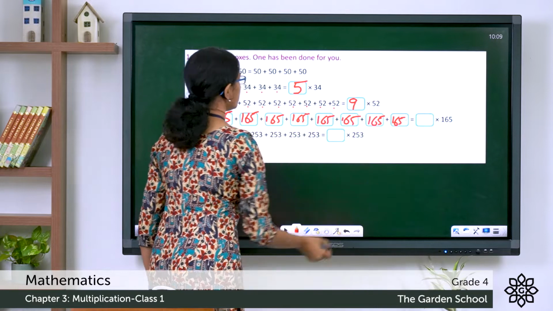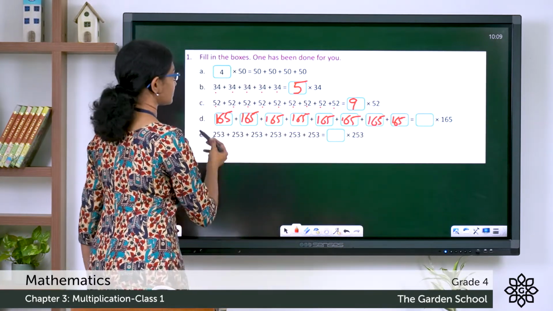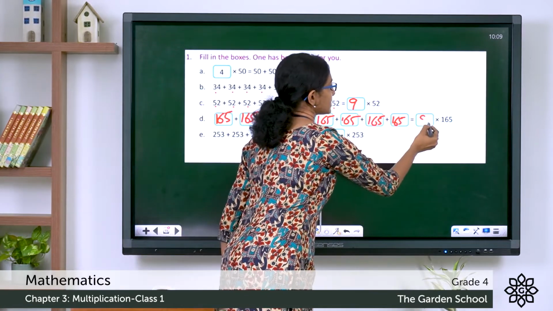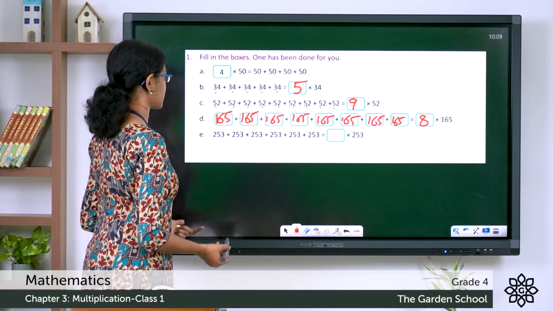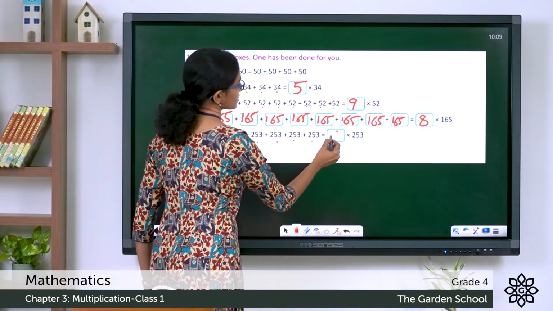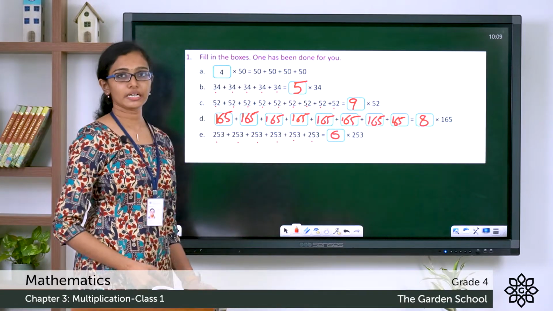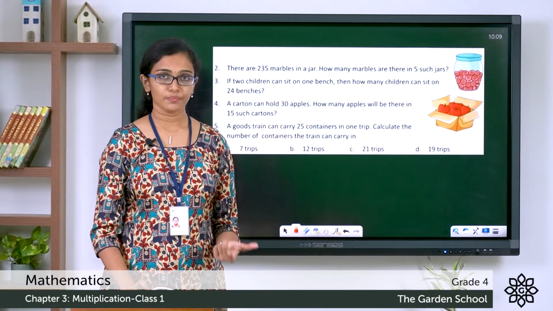So how many times here? 1, 2, 3, 4, 5, 6, 7, 8. So it is 8 times 165 or 8 into 165. So here 1, 2, 3, 4, 5, 6. So it is 6 into 253.